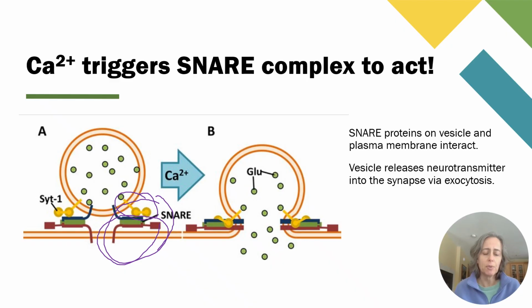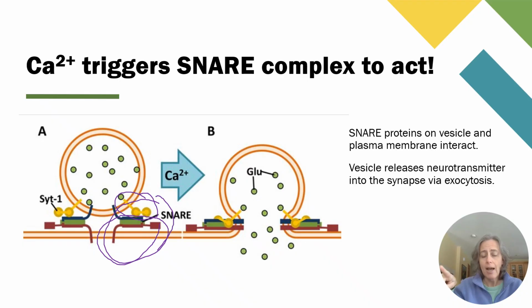Those are referred to as T SNAREs. I am not interested in you memorizing the names of these proteins, nor which ones are V SNAREs or T SNAREs. What I want you to know is that when calcium comes into the axon terminal, these proteins interact with each other in a way that pulls that synaptic vesicle full of neurotransmitter down so that it becomes in contact with the plasma membrane.